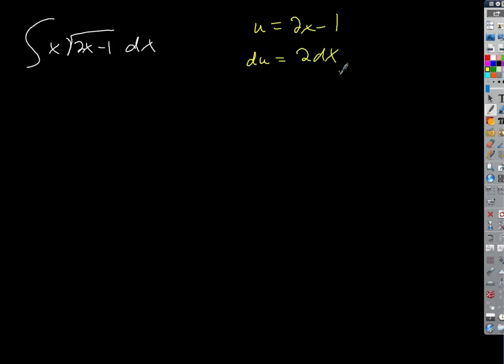Okay, so if we make our substitution, what do you notice here then? We've got the integral of u to the 1/2, right? So that one's taken care of. That becomes u to the 1/2. And dx, if we solve for dx, what's that? 1/2 du. Okay, good.